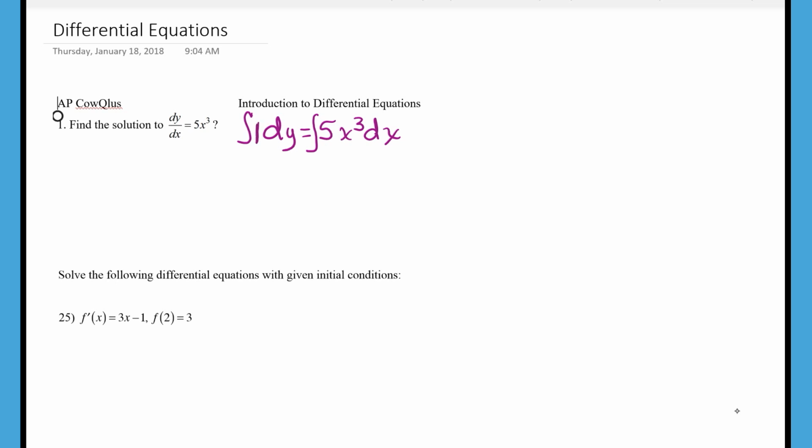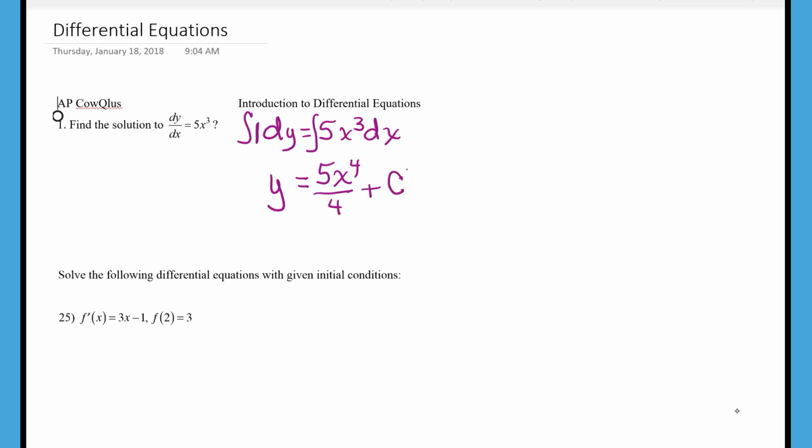So this is like having a 1 there. If I integrate 1 dy, I'm asking who you take the derivative of and get 1 with respect to y, and that would be y. Then, to find where this comes from, it's a power, so I do the anti-power rule: add a power and divide, and don't forget the constant of integration.